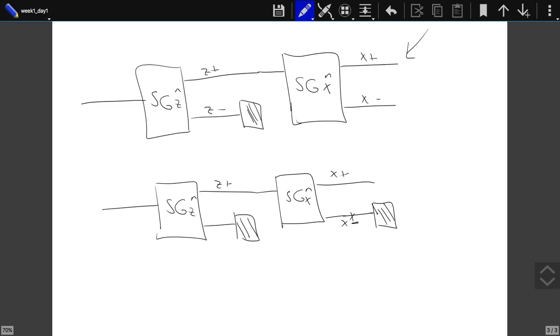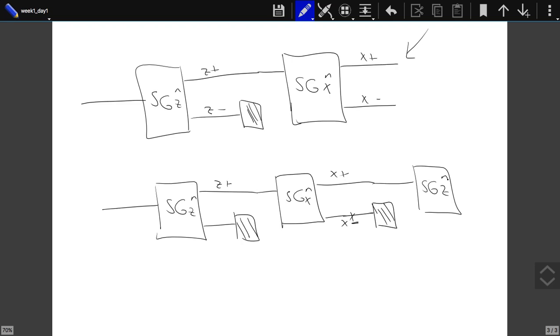I block, let's say, X minus, so I take the upper one and send it through the first Stern-Gerlach experiment. I had already chosen them to be Z plus, and now they are also X plus. So what I have are silver atoms of the types Z plus and X plus.